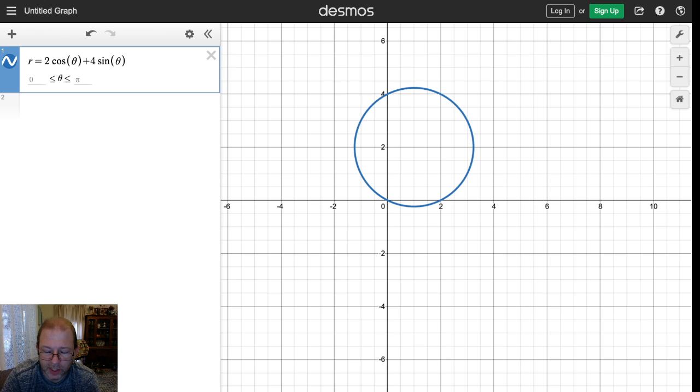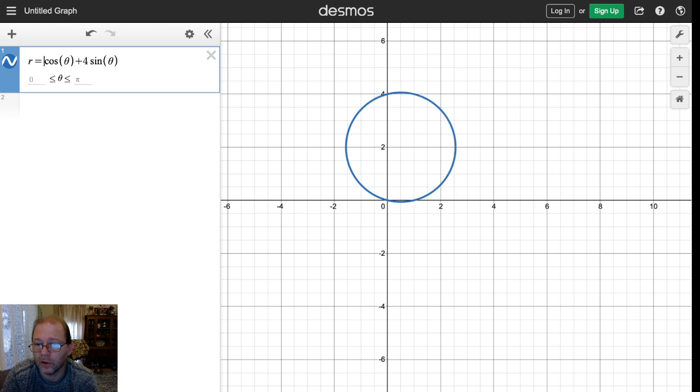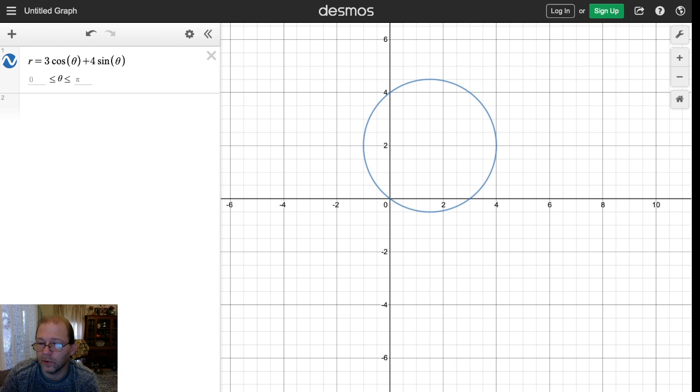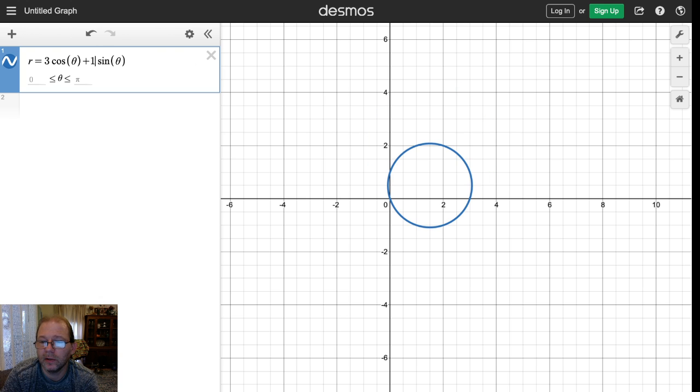This 2, if I change that to a 3, it changes where the circle intersects the x-axis. If I change this to a 1, it'll make the circle intersect the y-axis at 1. Anyway, we'll get into this a little more later, but what I wanted to do first was just show you that you can use Desmos to do polar graphs.